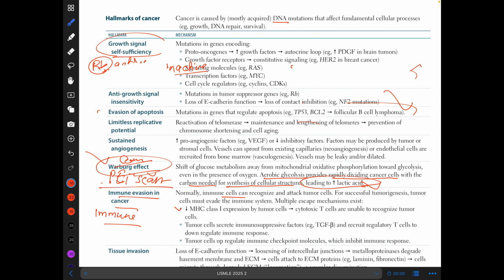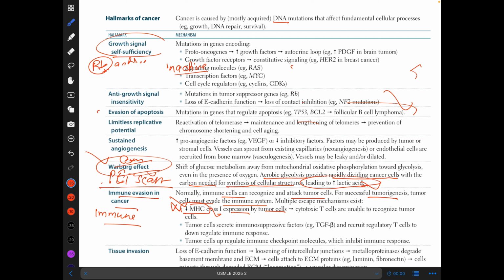Normally, the immune system can recognize and attack tumor cells. For successful tumorigenesis, the tumor cell must evade the immune system. Multiple escape mechanisms exist. The first one is decreased MHC class 1 expression. If the tumor cell is not showing MHC class 1, then the T cell does not recognize it.